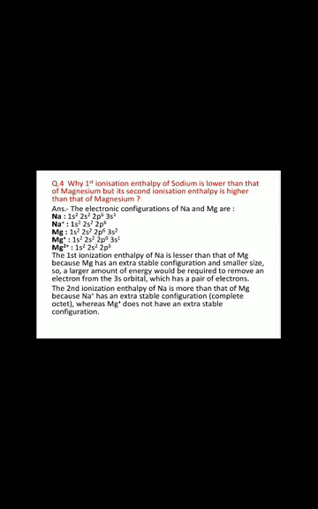So when we remove the second electron, it will be easier to remove from Mg+ than from Na+, and therefore the second ionization enthalpy of Na is more than that of magnesium because Na+ has an extra stable configuration with complete octet, whereas Mg+ does not.